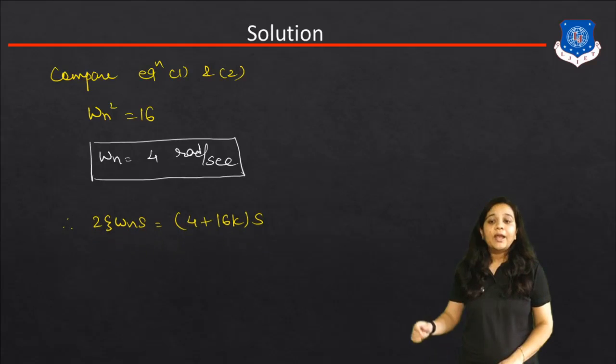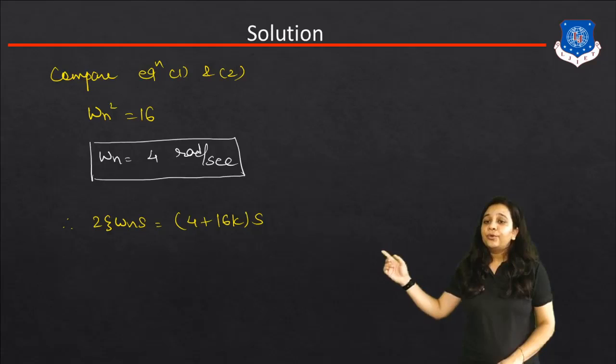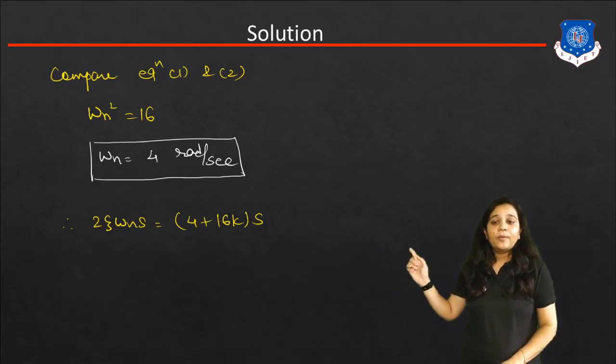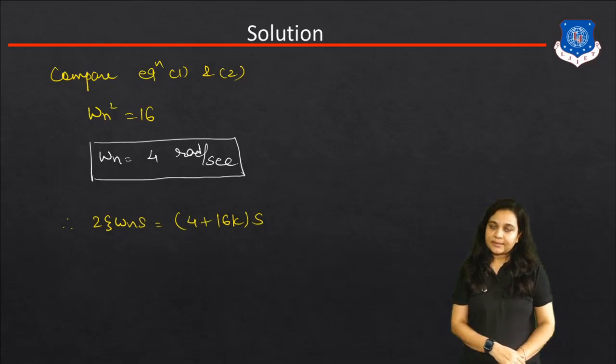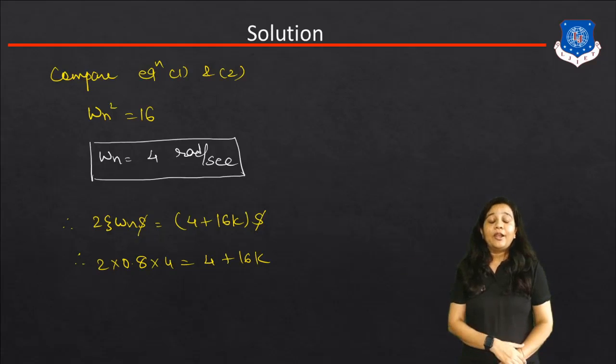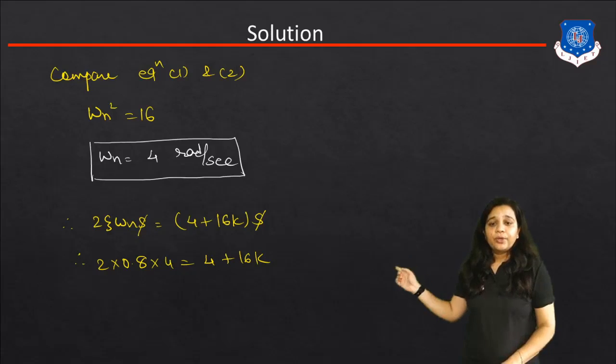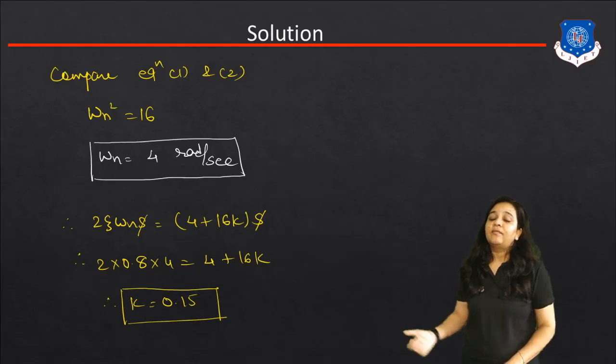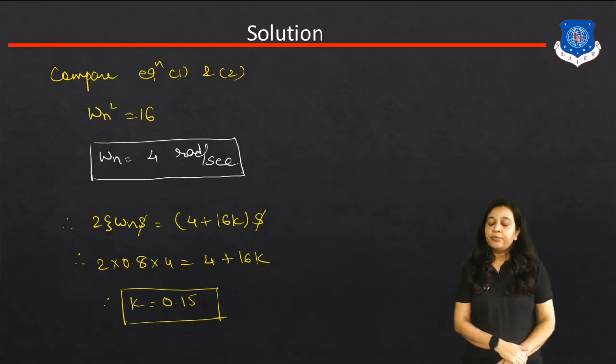Next we compare the second term: 2 zeta omega n s is equal to (4 plus 16k) into s. s cancels out, so we get 2 into the value of zeta, which is given as 0.8, into 4, equal to 4 plus 16k. We simplify this equation and we get the value of k. So k is equal to 0.15.